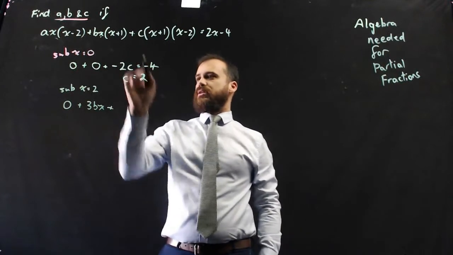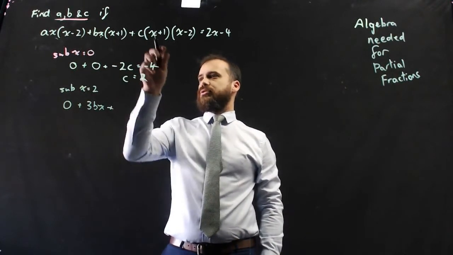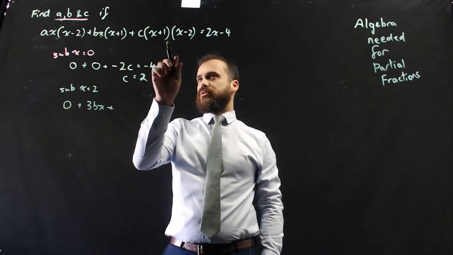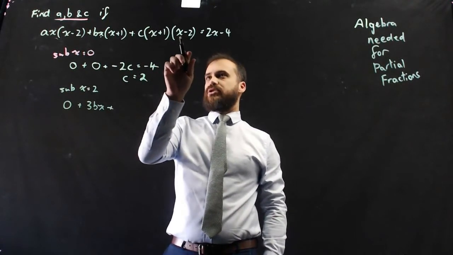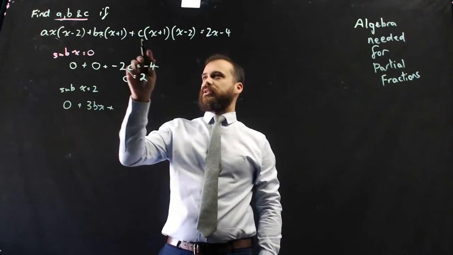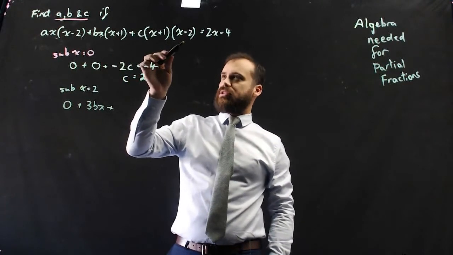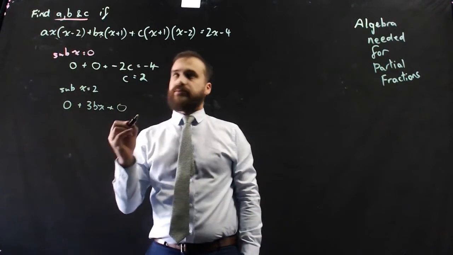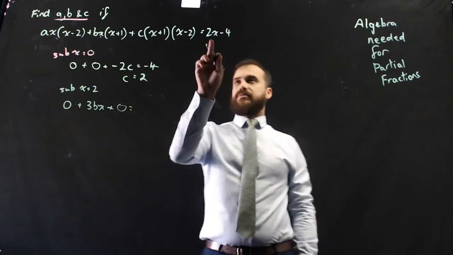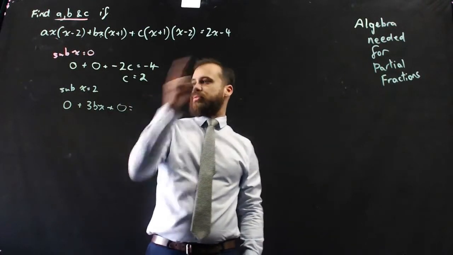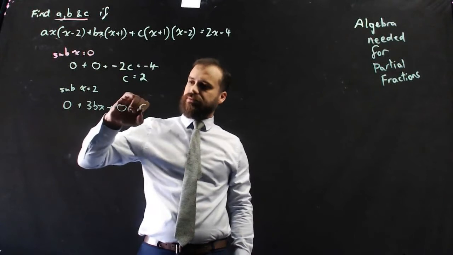We've got c, which we know now is 2, 2 times 2 plus 1, which is 3, 2 times 3, which is 6, and then 2 minus 2, which is 0. Oh, 2 times 3 times 0, that's going to be 0 as well. And then that's going to be 4 minus 4, 2 times 2, which is 4, minus 4, which is 0.